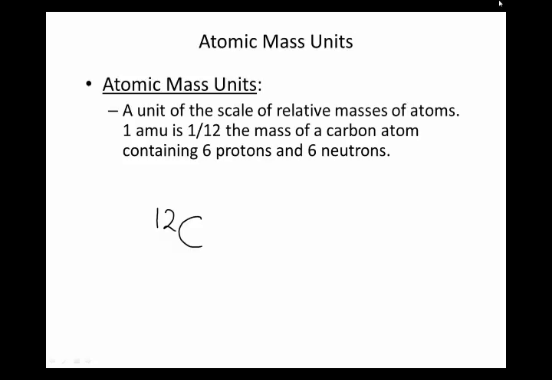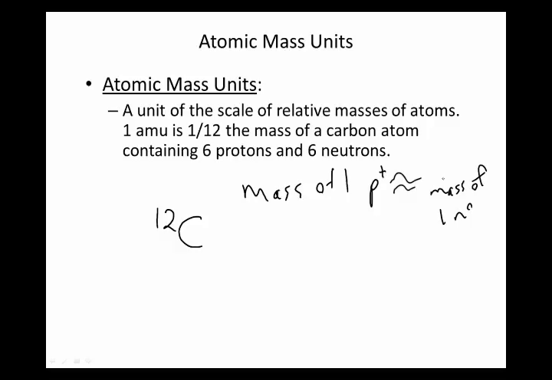Now do you remember back, how does the mass of 1 proton compare to the mass of 1 neutron? Do you guys remember? It turns out that to at least 3 significant figures, they are the same. They're pretty much the same.